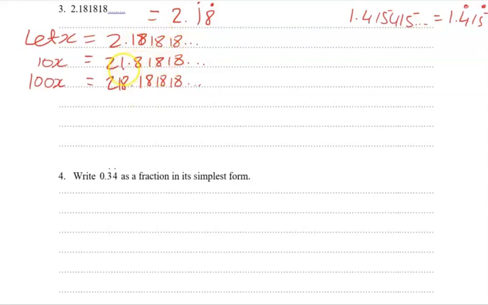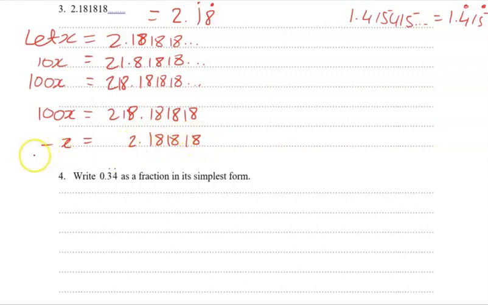Now here the decimal places, they all align, they match. So we can take away 100x and x. So we're going to do 100x equals to 218.181818 minus x equals to 2.181818. 100x minus x is 99x.